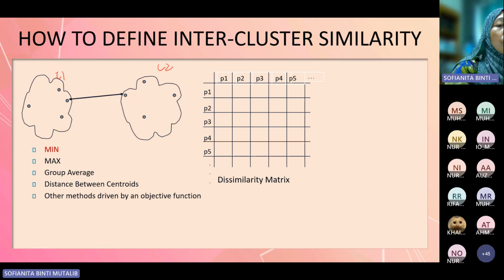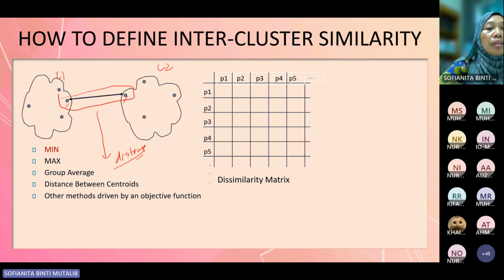What are the closest objects? Clearly, with the naked eye, you can see this is the closest pair. From here you get the distance value by comparing the object here and the object here.